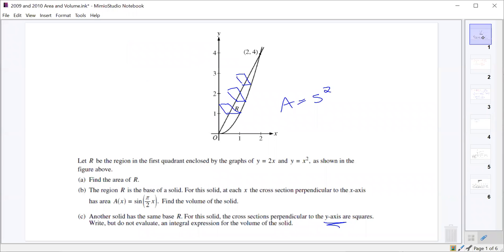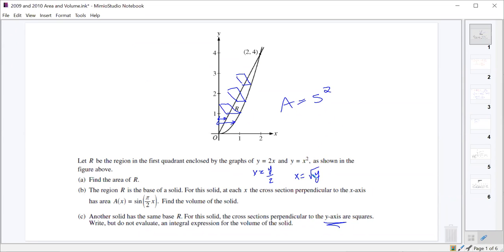So if we go back over here, the length of this side should be this x value minus this x value, right? The x value from the parabola minus the x value from the linear. So the x value from the linear is y over 2, and the x value from the parabola is root y.